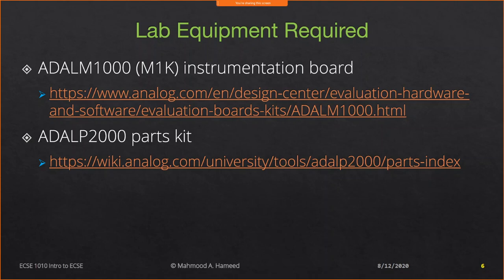So there are lots of things in that parts kit that you will use not only for intro to ECSE, but moving forward, you will use that same parts kit for circuits, for intro to electronics, for your later classes as well. Especially if you are an ECSE student. So two things, M1K board and the parts kit. Everyone needs to have their hands on this.